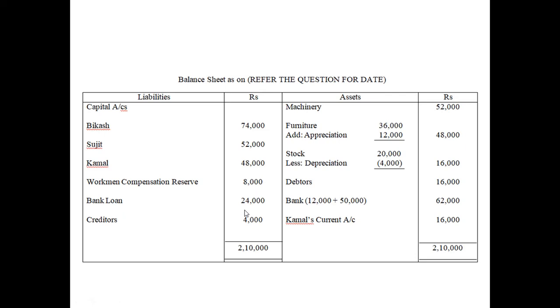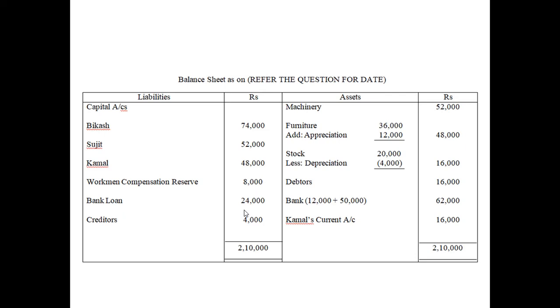And this bank loan can be treated as both short-term and long-term liability. There is no information regarding this bank loan, so do not touch this part. If it is mentioned in the question that bank loan is to be paid, then you have to make the adjustment. You may see this kind of adjustment in the chapter retirement or death.